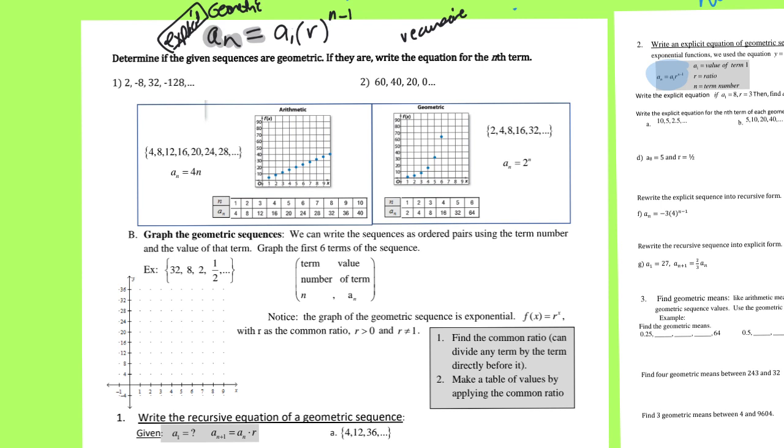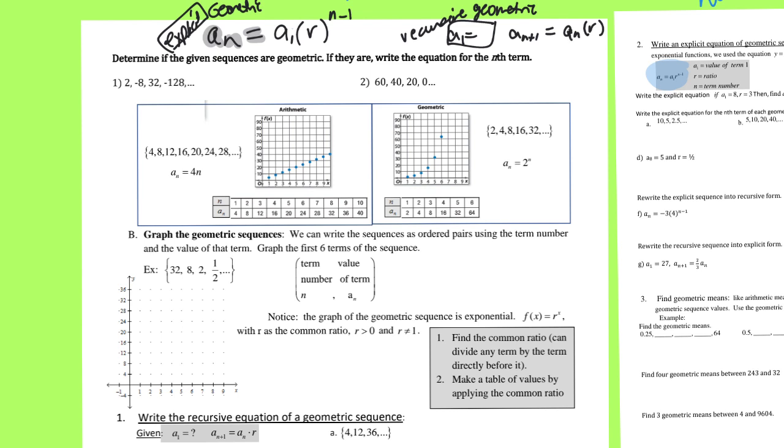So for recursive, for geometric, you're going to write down the first term to start with, and then you're going to say, to get to the next term, you take a sub n and multiply it by r, and you get the a sub n plus 1 term.